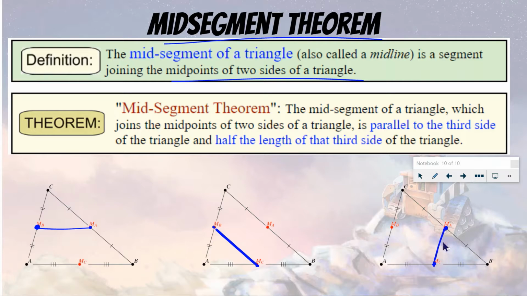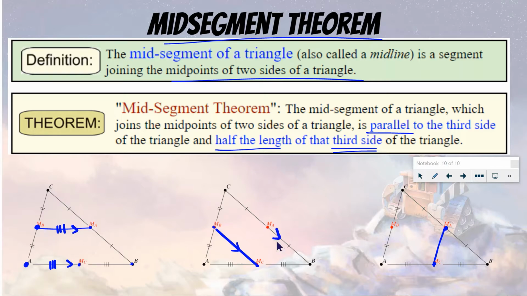a third midsegment. So each triangle has three midsegments, and the midsegment theorem says that those midsegments are parallel and half the length of the third side. So, using these markings, this length is the same as that length because that's half of this side, and this is parallel to that.